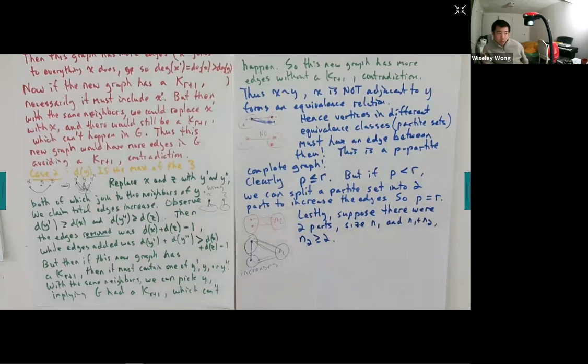So just to briefly verify it, if you had these two parts, and suppose the difference in these two parts was at least 2 instead. All we have to show is that this value is going to be even larger if I shift 1 over and make this n1 plus 1, and this one n2 minus 1.